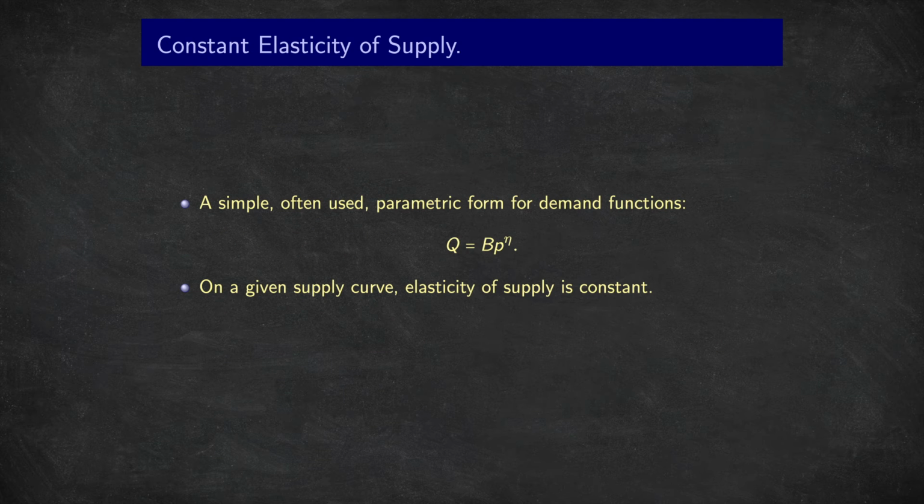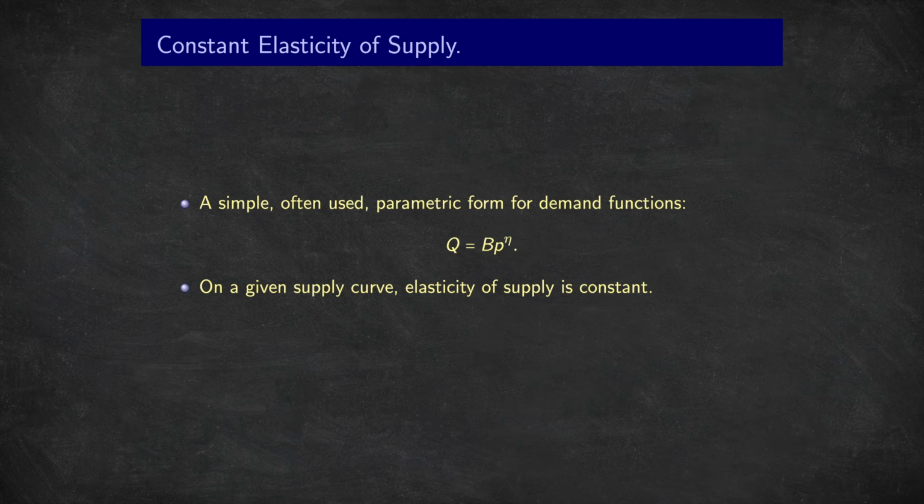Very similar to the constant elasticity of demand function, there is a well-known constant elasticity of supply function, which has the following parametric form, where Q, the quantity supplied, is equal to capital B, which is some positive constant, multiplied by price to the power eta.